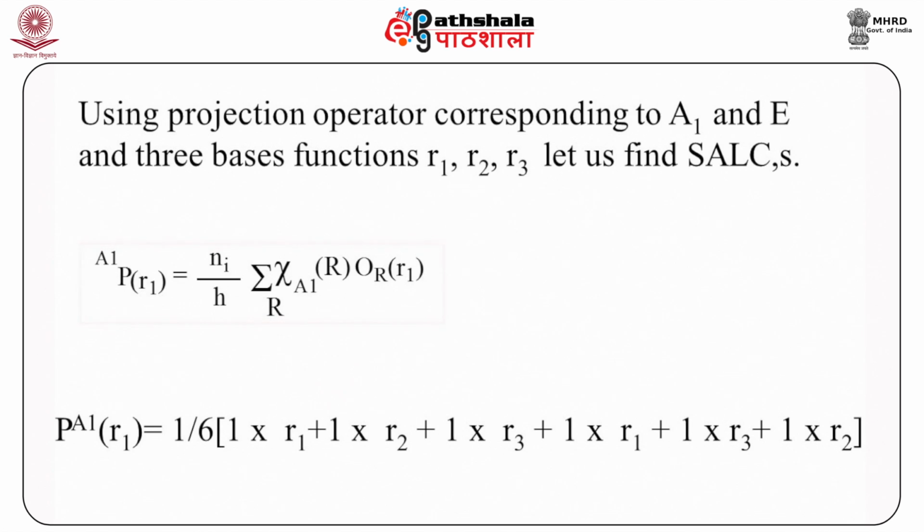If we make use of this, we get the characters as 1 by 6 within bracket 1 into R1 plus 1 into R2 plus 1 into R3 plus 1 into R1 plus 1 into R3 plus 1 into R2.